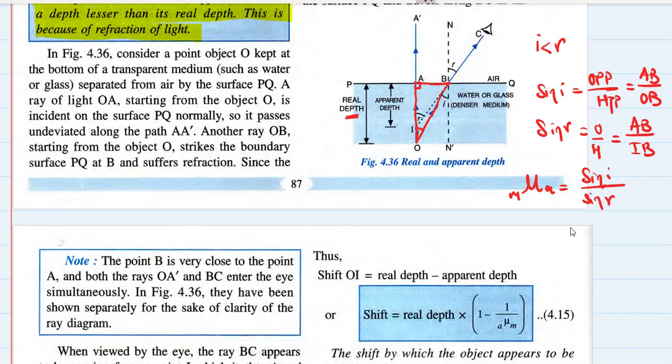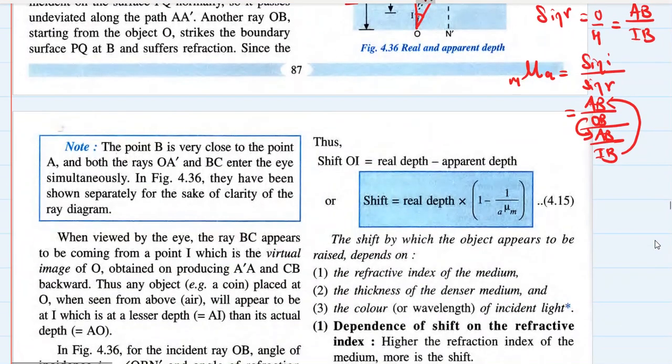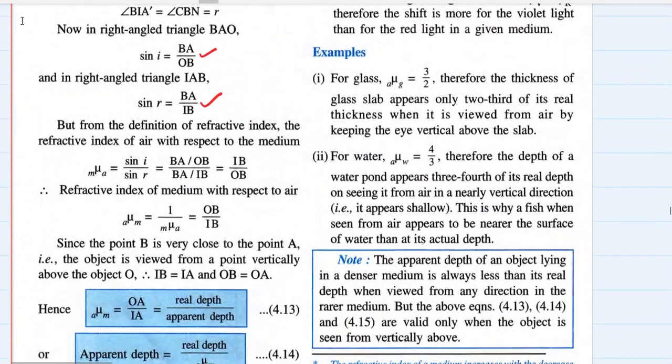We know the values: sine i is AB upon OB, and sine r is AB upon IB. OB comes down, IB goes up, so AB gets cancelled right away, and this becomes IB upon OB.